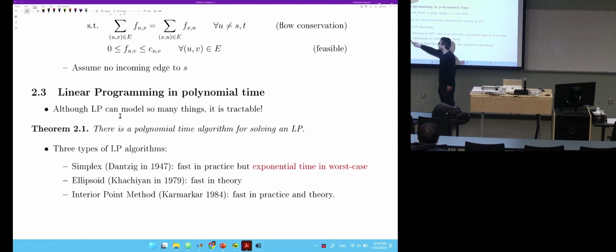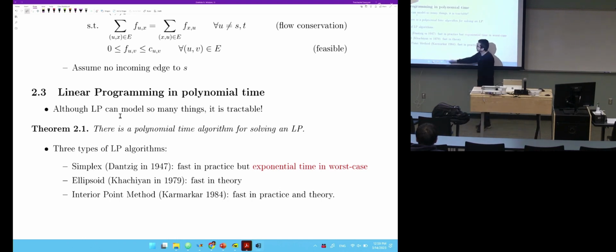The first algorithm is called simplex. This is from more than 60 years ago. It's still used until now, actually. It is very fast in practice, but in the worst case, it takes exponential time. Then some time after that, there is a general method called ellipsoid, which is fast in theory, but not so fast in practice.